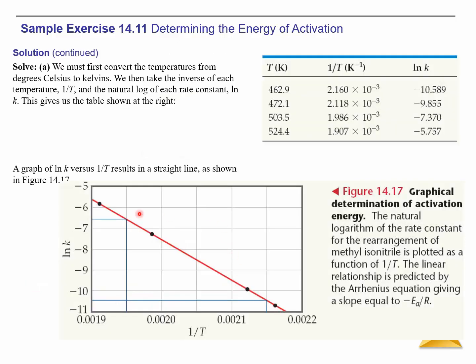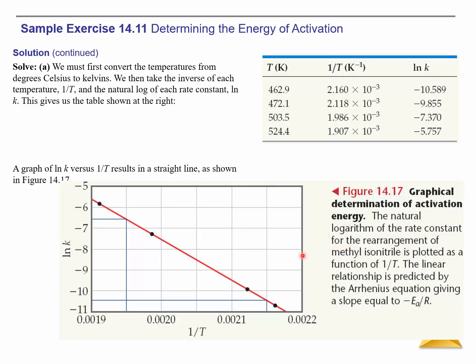As I told you, we converted the temperature into absolute, and then we take 1 over T and then ln k. Then we plot ln k versus 1 over T, and we get a straight line as shown here. So this is a graphical determination of activation energy.